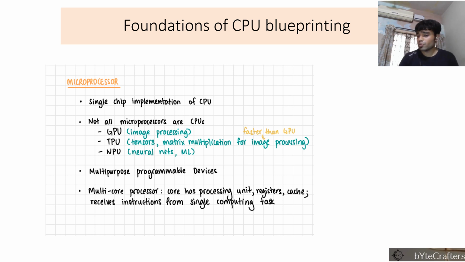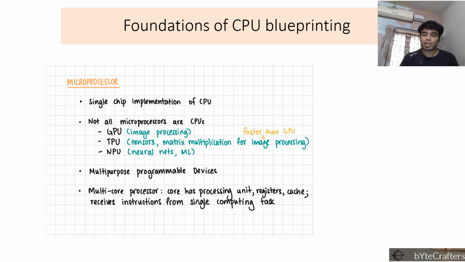TPU is also very similar to GPU, just that it can handle more complex instructions. So it has more memory bandwidth. We'll be seeing all of that in the later slides. And NPU, the best way of understanding NPU and natural language processing is ChatGPT. Just imagine ChatGPT is reading so many requests.